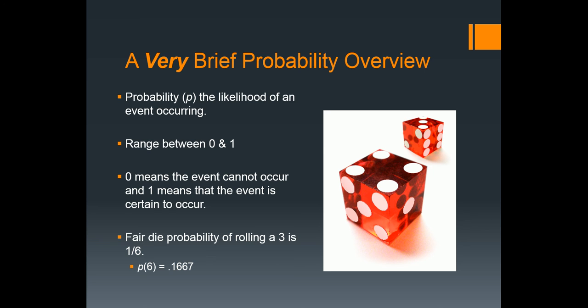For example, if you were to roll a fair die, just one, the probability of rolling a 3, which is one side out of 6, is 0.1667. Or if you were to flip a fair coin, the probability of getting heads would be 0.5, and the probability of getting tails would be 0.5.